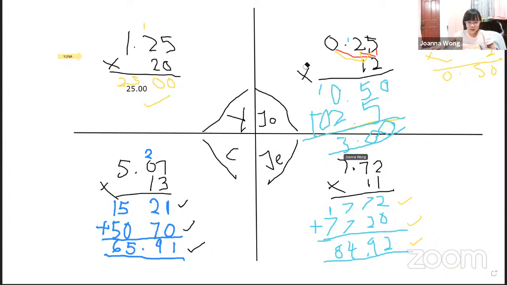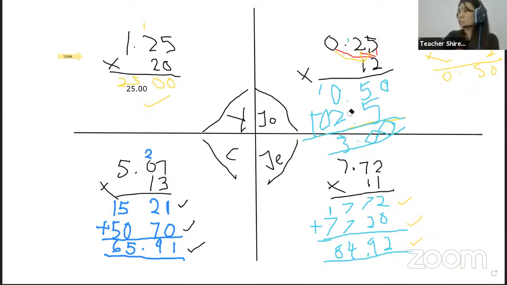Teacher done 3. Fantastic. That's the answer. Okay, got it? So Joanna, just remember, in the middle here, don't write any decimal, only at the last answer. Got it?